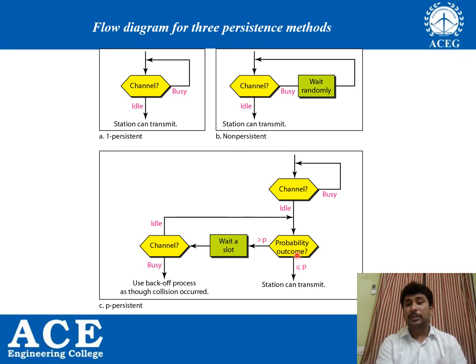If the probability outcome is greater than p, we wait for a slot and then sense the channel again. If it is idle, we again check the probability outcome, and only when it is less than or equal to p do we transmit. If it is greater than p, we definitely wait for a slot. This is called the p-persistent method.